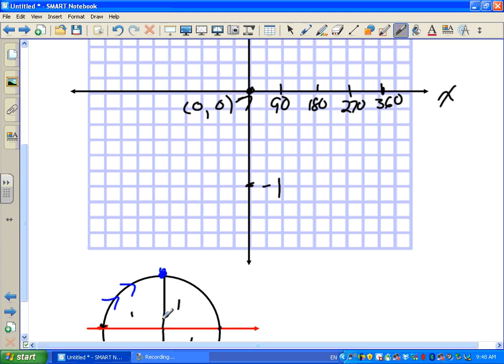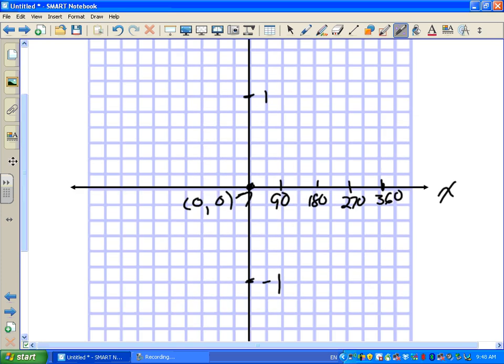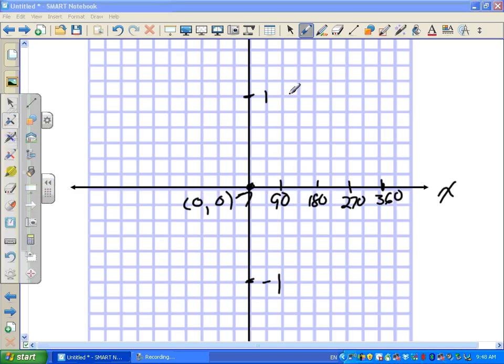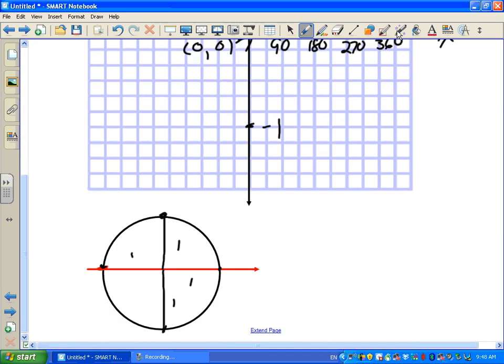The peak is how many degrees from where I started? 90. So after 90 degrees, I'm at 1. Then as I go down the circle, when I get to this point here, when I'm even again at 0, how far have I traveled in degrees?